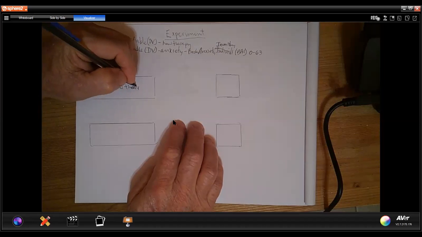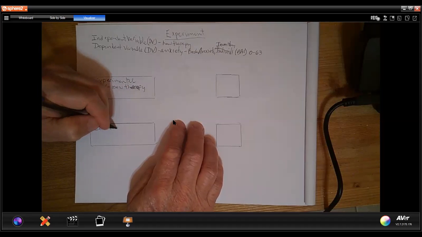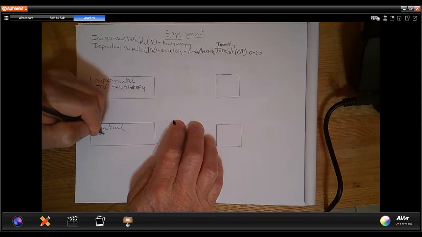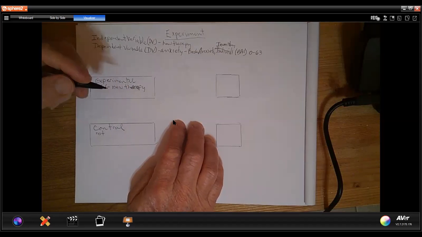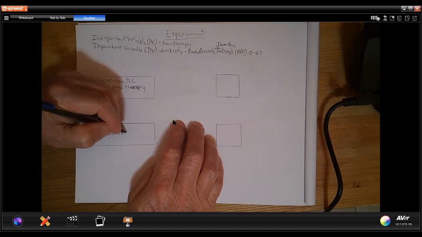Now, the control group, on the other hand, they are not going to receive the therapy.